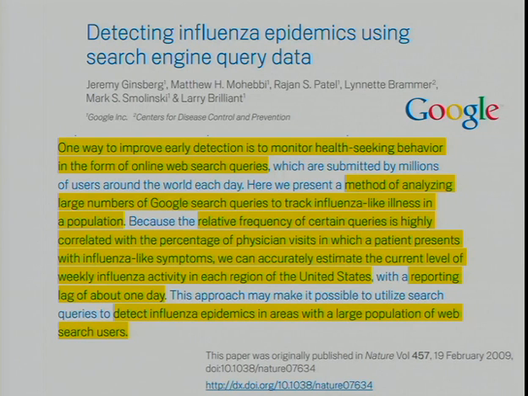So an attempt by Google to use search engine queries. So basically, Google searches for terms that you would expect to be related to the flu, headache, joint pain, suddenly feel extremely tired, or whatever.